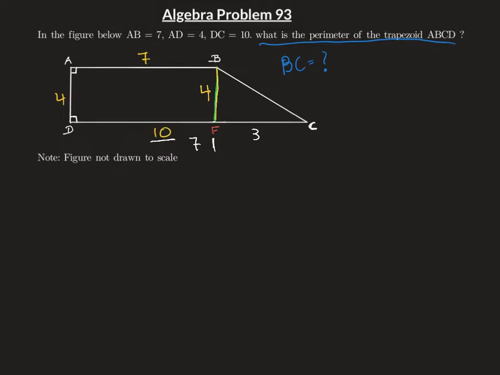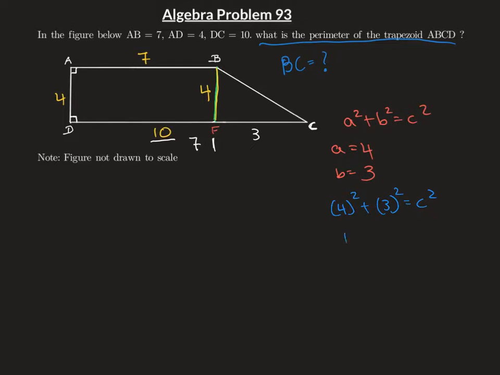Now, from this, all we have to do is Pythagorean theorem, which is a squared plus b squared equals c squared. What's a? Let's say a is 4, and b is 3. If we plug these into the equation, we have 4 squared plus 3 squared equals c squared.